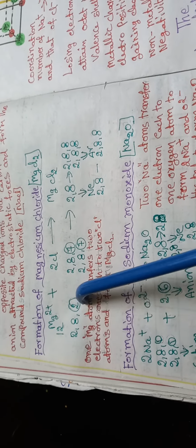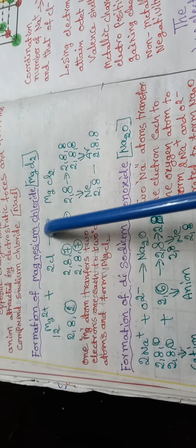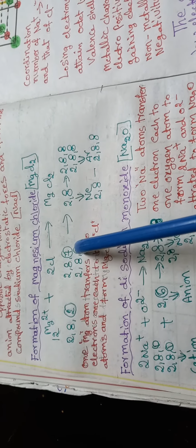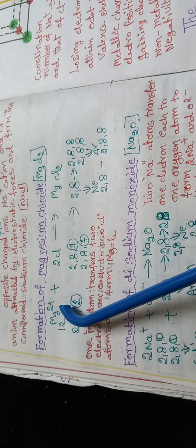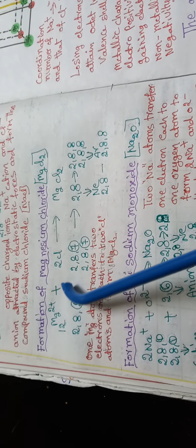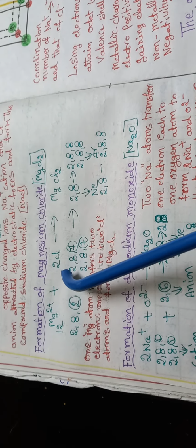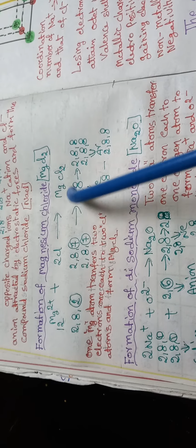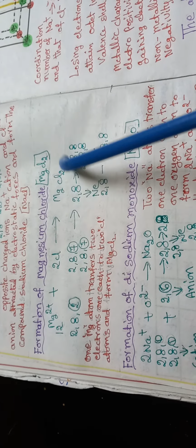These two electrons are donated to two chlorine atoms. So when one magnesium atom and two chlorine atoms are involved in the reaction, forming the compound magnesium chloride.